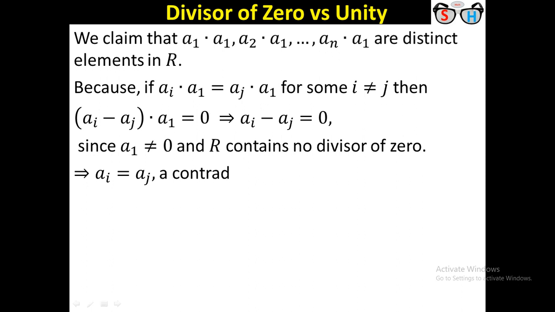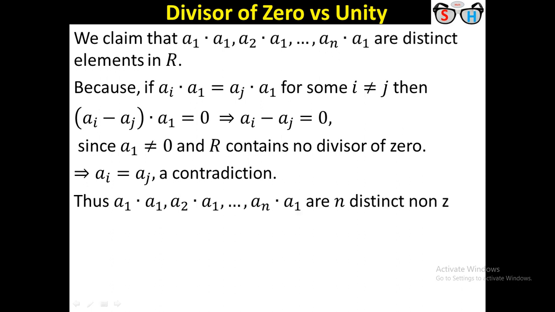This is a contradiction, because we assumed i not equal to j, so ai and aj are distinct elements. This contradiction arises due to our assumption, so you can conclude that all the elements are distinct. These elements are all non-zero and distinct, and the elements are n in number.